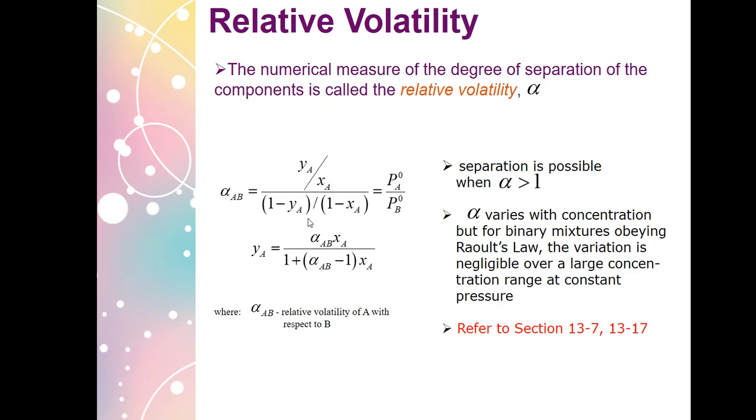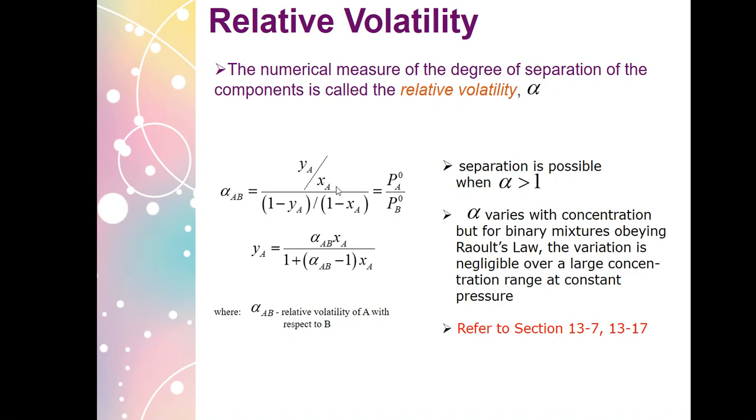In the denominator, you have the mole fraction of B in the gas phase over the mole fraction of B in the liquid phase. This is for a two-component mixture, because what you see here as 1 minus YA and 1 minus XA represents the mole fraction of the other component in the mixture. So you're actually taking the ratio of the mole fractions of the gas to the liquid phase for both components, A in the numerator and B in the denominator.